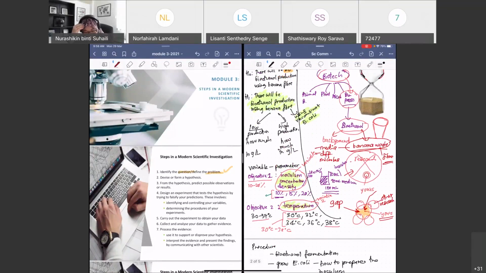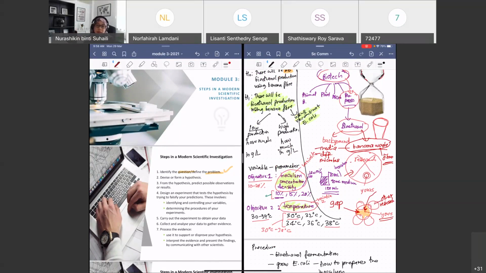The alternative hypothesis is that there will be bioethanol production using banana fiber, right? And in this case, you define the variables inoculum density and also temperature. So the research question is you question back the things here.